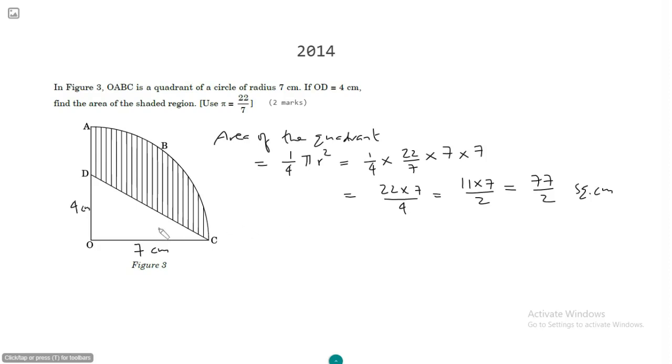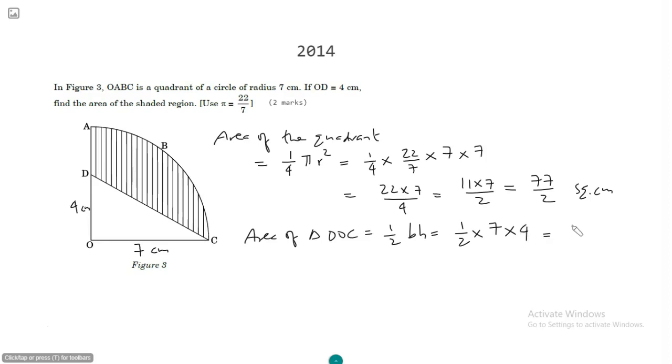Now let's find the area of this triangle, area of triangle DOC. That's equal to half into base into height, right? So that's half into, let's take OC as a base 7 and OD is the height 4.